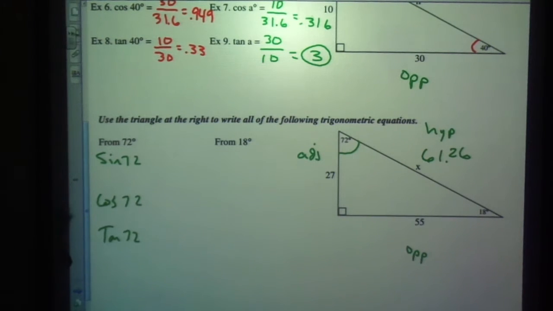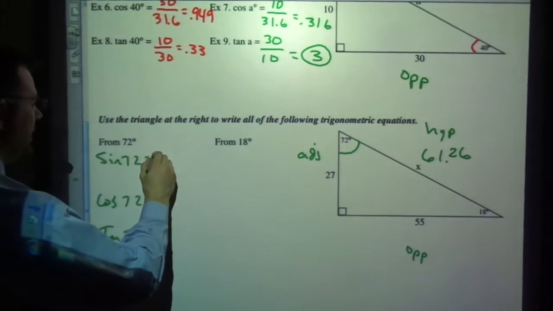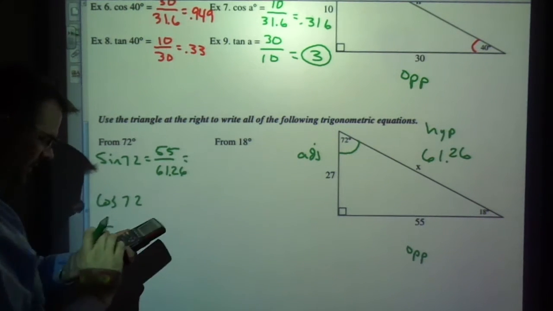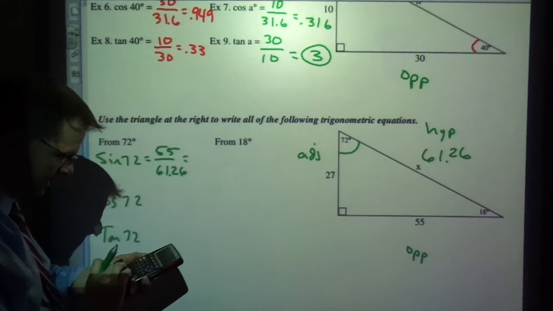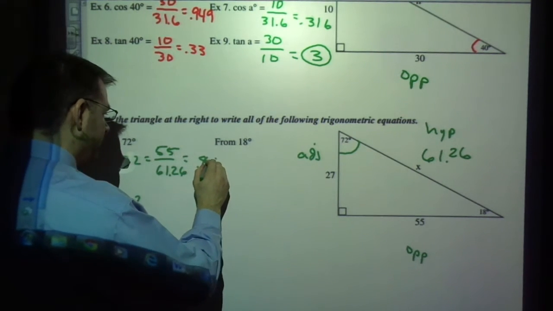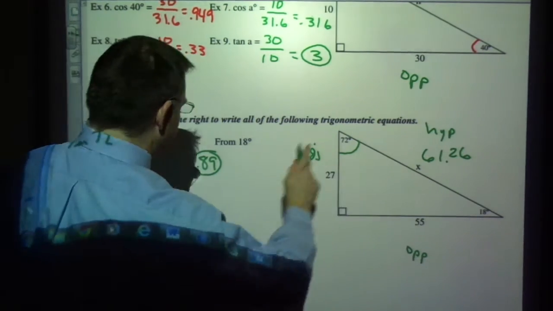Okay, so sine of 72 is opposite over the hypotenuse. So it's 55 divided by 61.26. I get 0.89. Cosine of 72 is adjacent over hypotenuse.